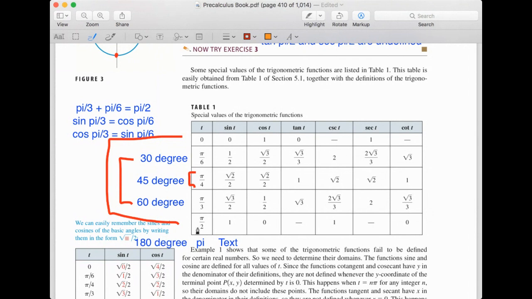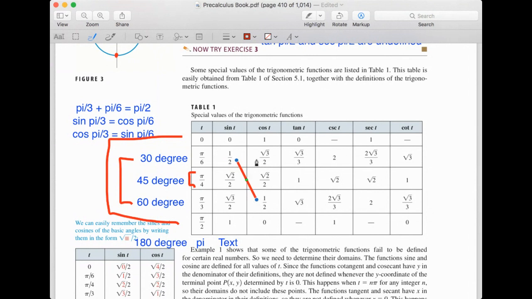Let's see 0 and pi over 2. 0 and pi over 2 are complementary angles. So sine of 0 equals cosine of pi over 2. Cosine of 0 equals sine of pi over 2. And pi over 6 and pi over 3 are complementary angles. So sine of pi over 6 equals cosine pi over 3, right?